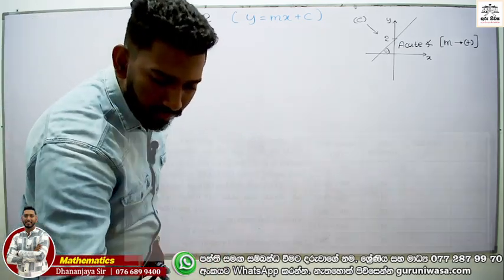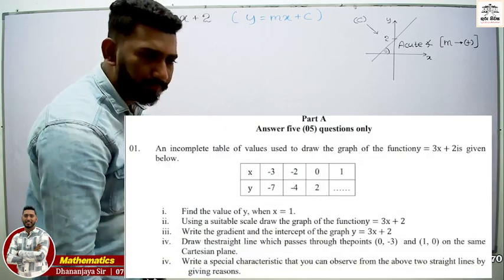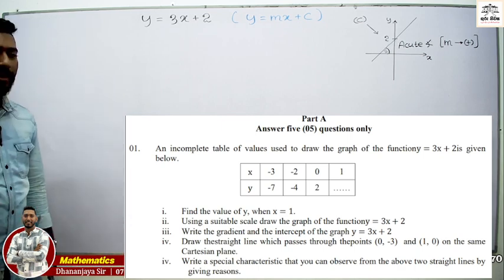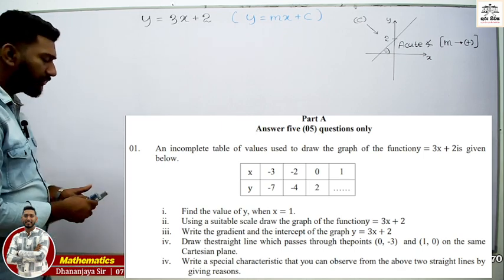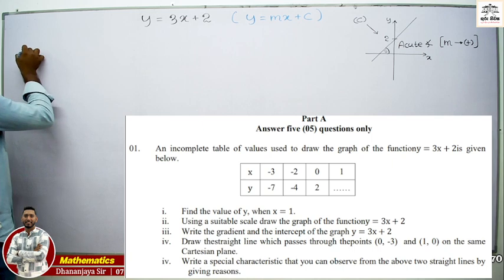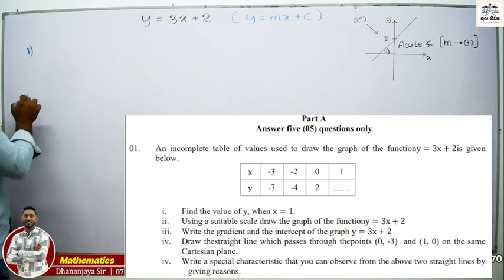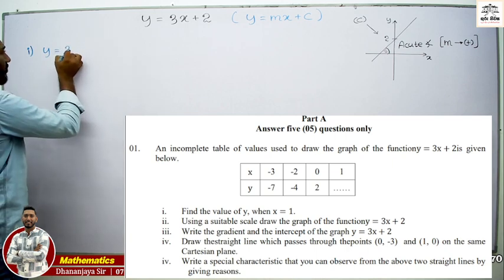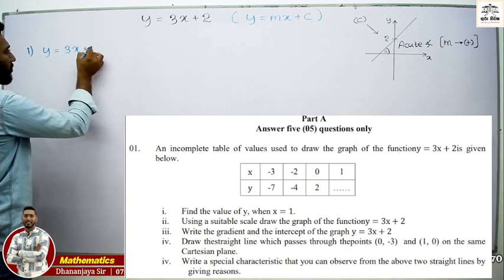Now I'm going to answer our paper. Find the value of y when x becomes 1. Now that is an easy thing. Problem number 1. You know how to answer the question because our equation is y equals 3x plus 2.